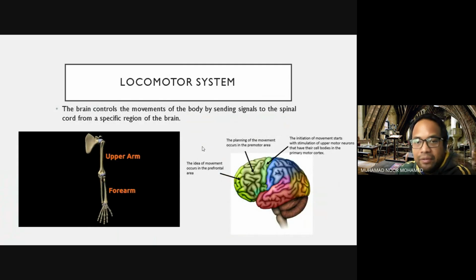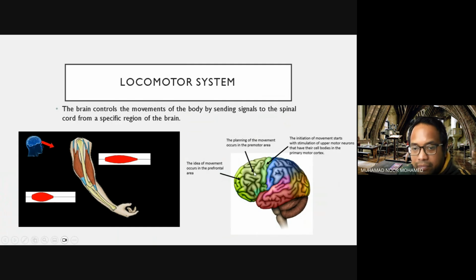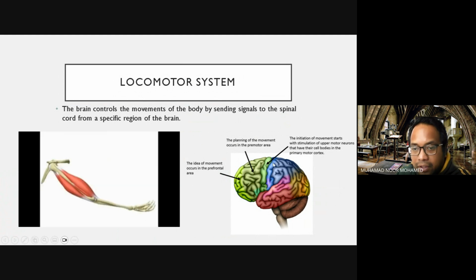It always starts with the brain, which controls the movement of the body by sending signals to the spinal cord from a specific region of the brain. If we divide the brain into different segments, we can divide it into four different lobes: the frontal lobe, the parietal lobe, and the temporal lobe.